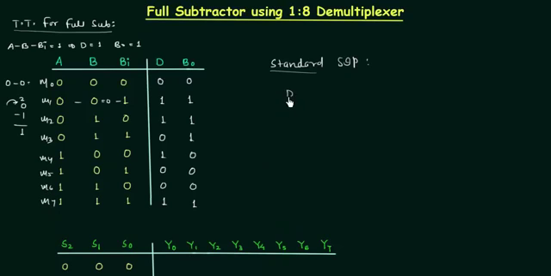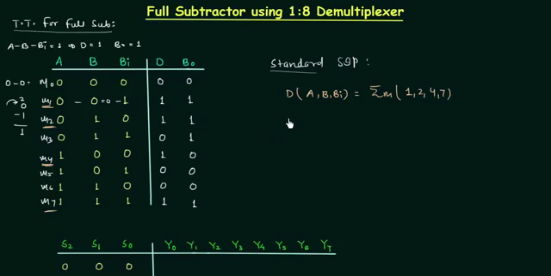For difference, the variables are A, B, BI, summation small m. Difference is high for M1, for M2, for M4 and for M7. So we will have 1, 2, 4, 7.